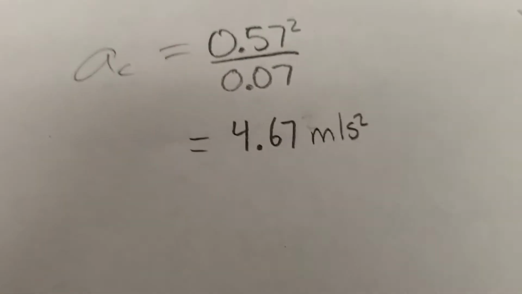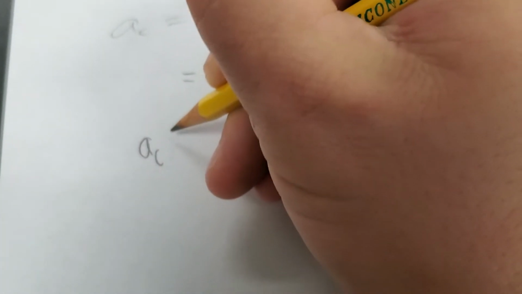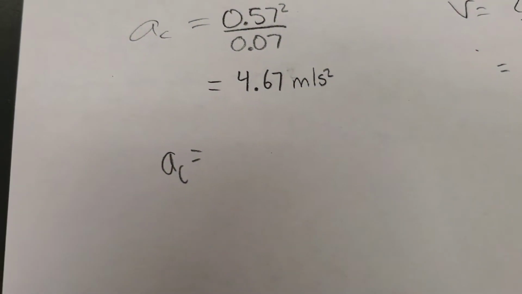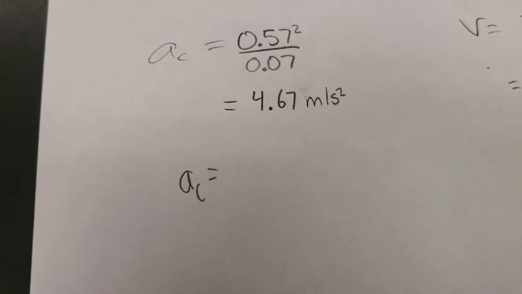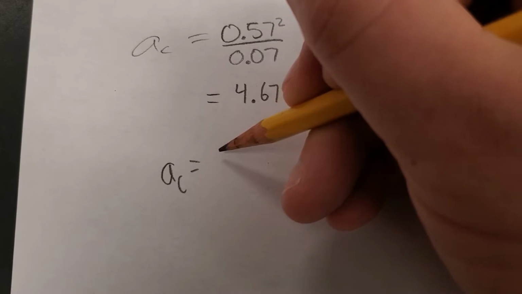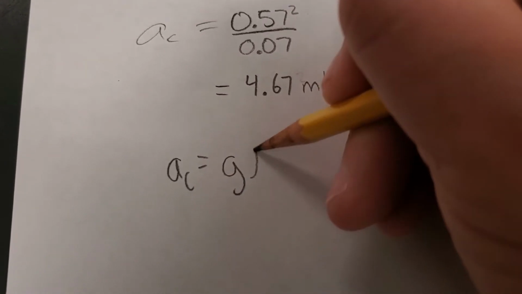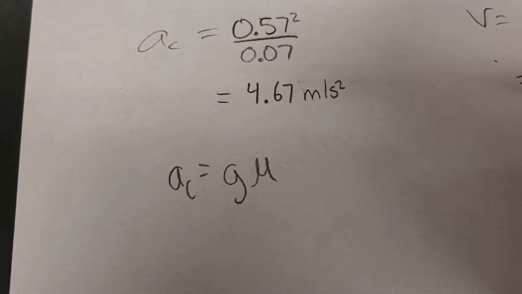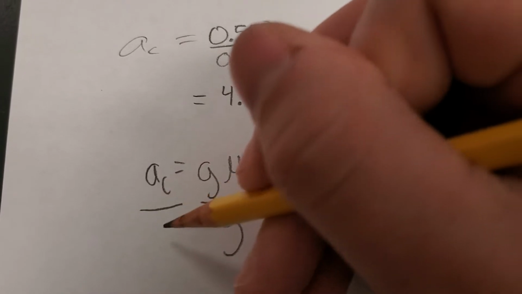Yes, very good. We know that the centripetal acceleration is actually equal to the force of gravity times mu. So to find mu, we just divide by gravity on both sides.